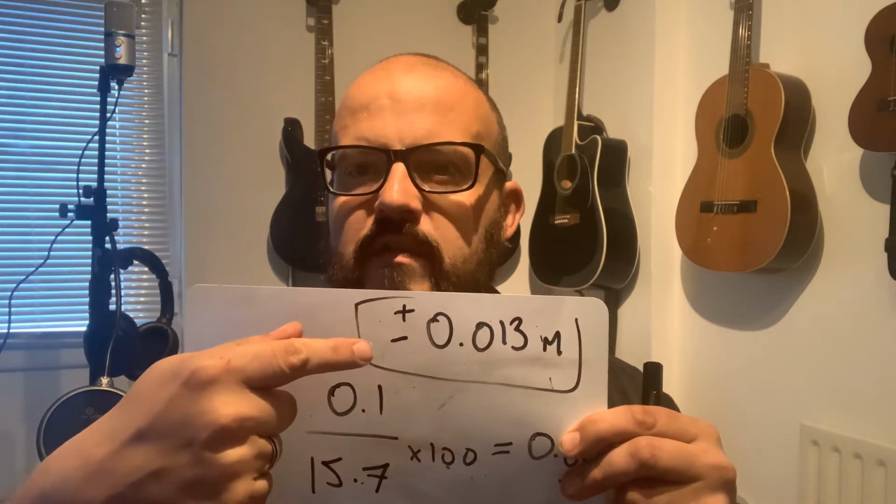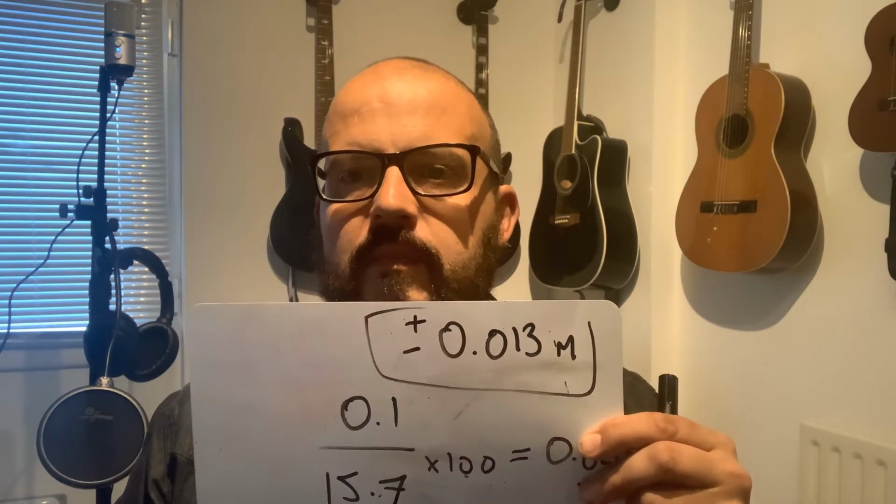That would be your absolute uncertainty for D. And the value you get when you do that is 0.013 meters. And that should really have a plus or minus in front of it because it's an uncertainty. Which I didn't do earlier on my other one.